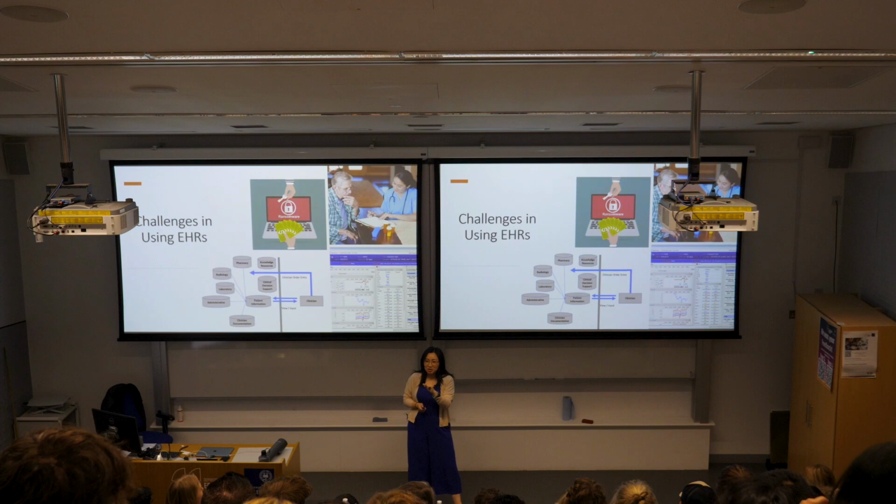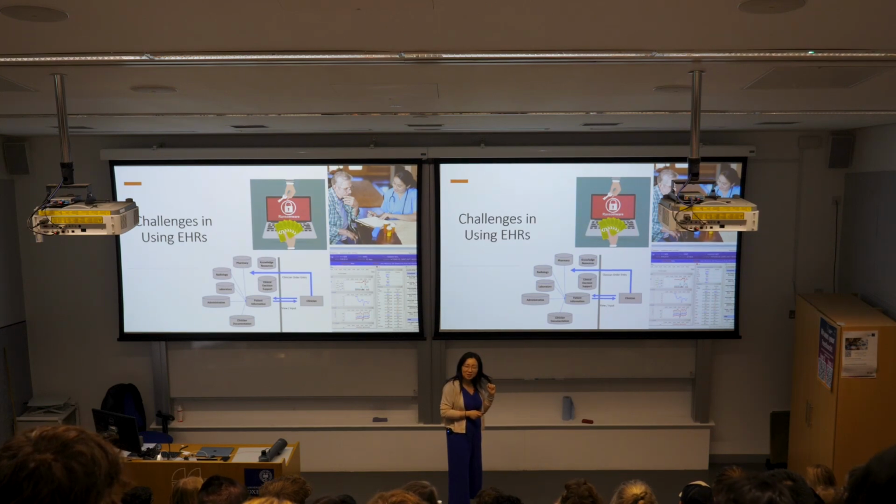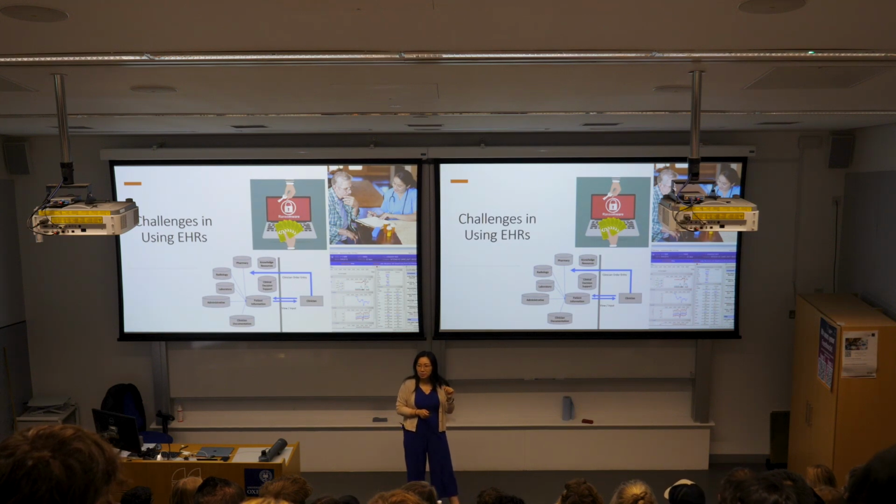Because it's electronic, a lot of the time we talk about how secure our data storage is. There was a recent event, I don't know if some of you came across it, last June, where a hospital in London had a ransomware attack.